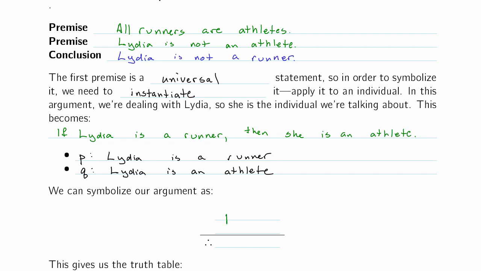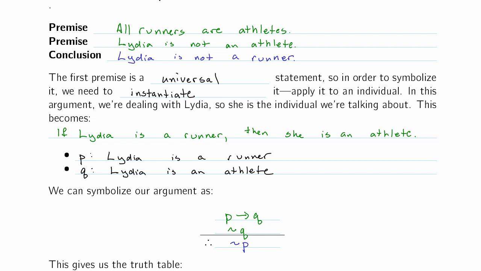So that's if P, then Q. Our second premise, Lydia is not an athlete, that's not Q. And our conclusion, Lydia is not a runner, that's not P. So that's the form of our argument. If P, then Q, not Q, therefore not P.